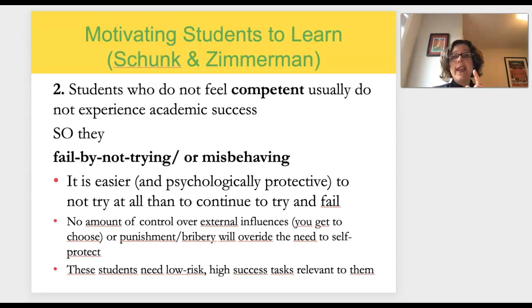So they fail by not trying or by misbehaving to get out of the class, to get out of showing their peers or their teachers that they actually don't understand and that they cannot understand. So remember, back to Weiner's idea, we will preserve our own self. This is what kids are doing.